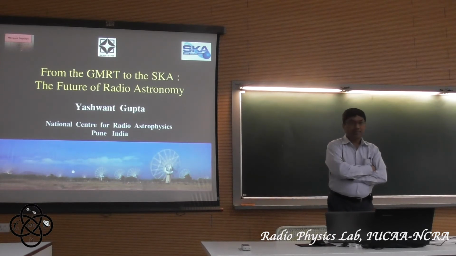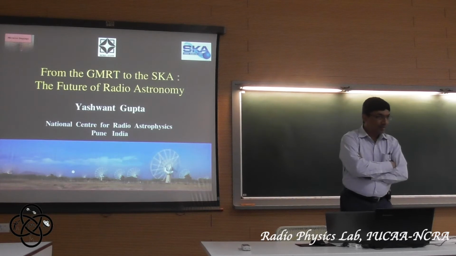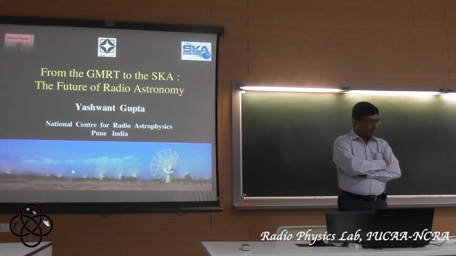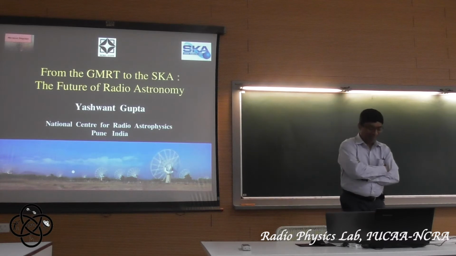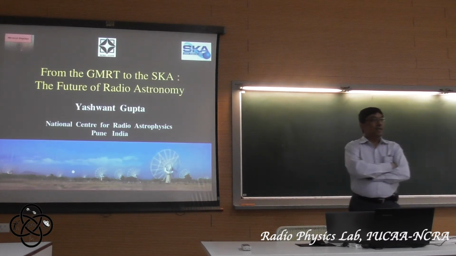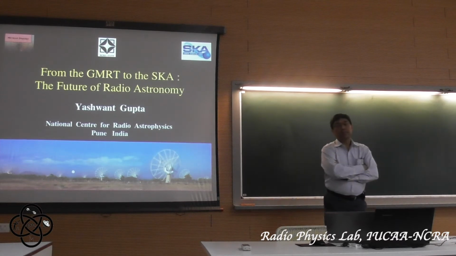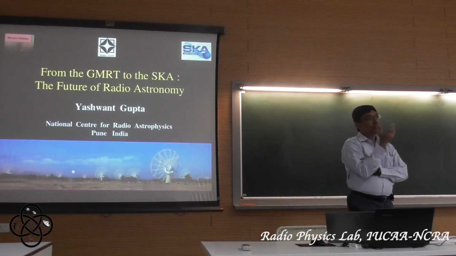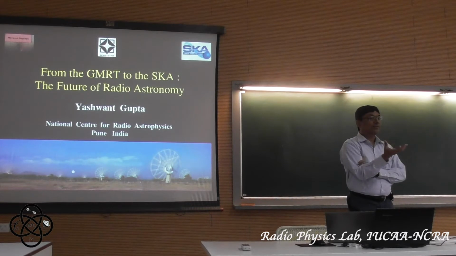What else can it be? So basically the tiles that collect data and process it. Alright. Okay. Is it the maximum baseline? It's not the maximum baseline. So it's really the total amount of physical area over which the signal is being collected, in terms of the area that the dishes or the tiles would cover.